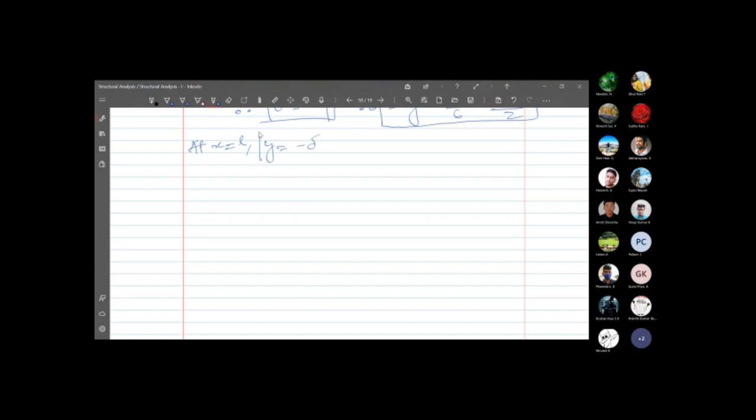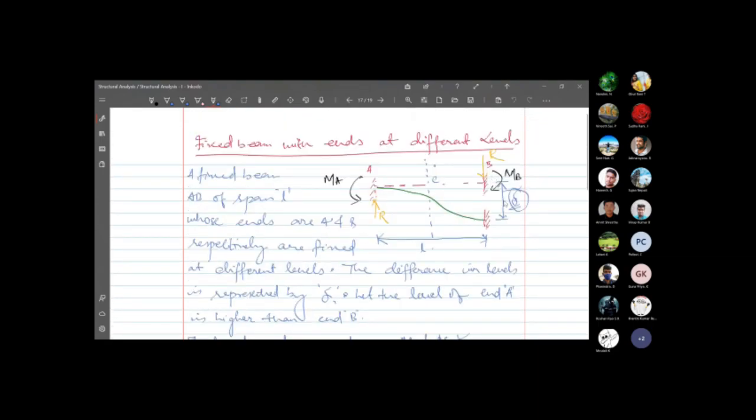And why is it minus delta? Because it is in the negative y direction. You can see here it is in the negative y direction.